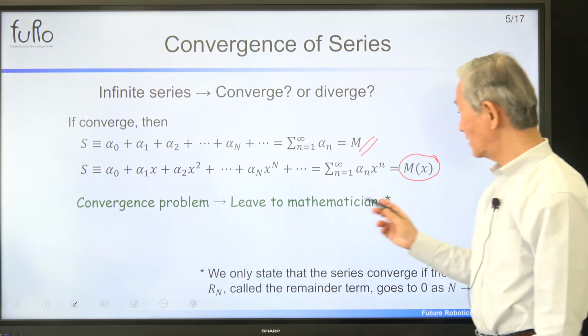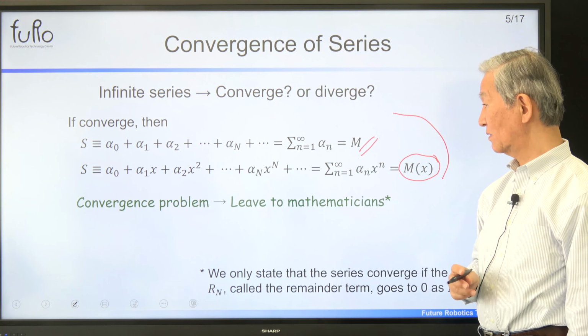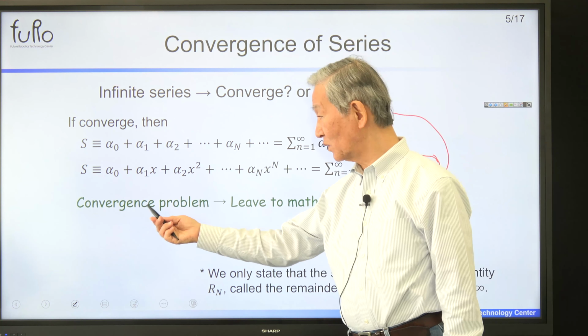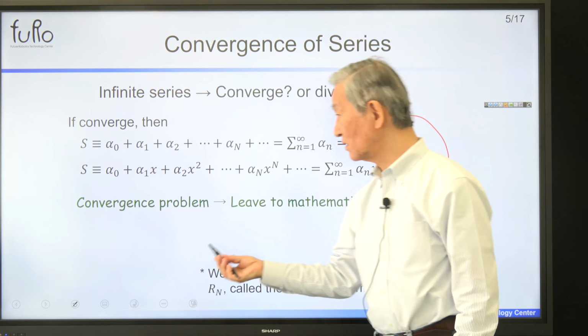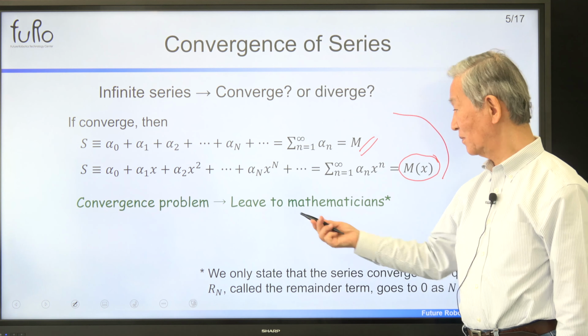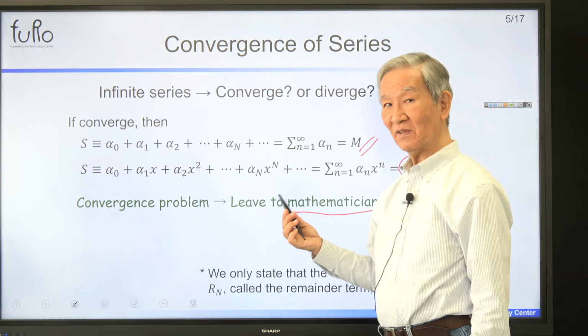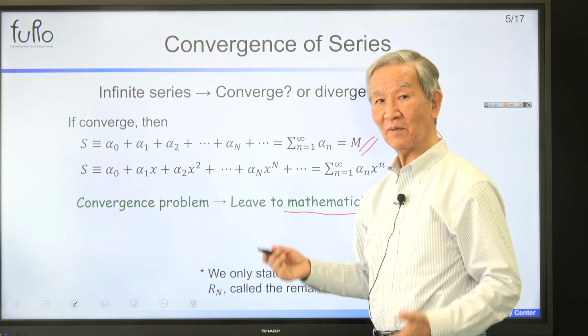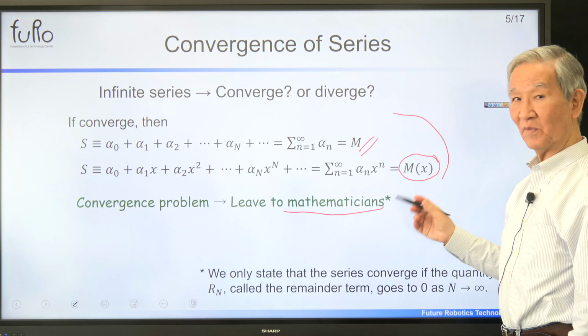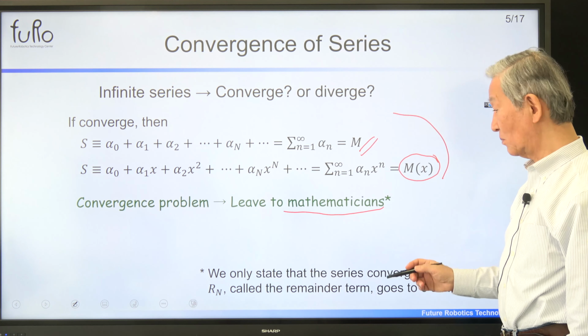If it converges, we can use that. Okay? Engineers can use those. But we always have to look at the convergence. We, meaning mathematicians, spend a lot of time proving the convergence or divergence of series, but we'll leave that to the mathematicians.